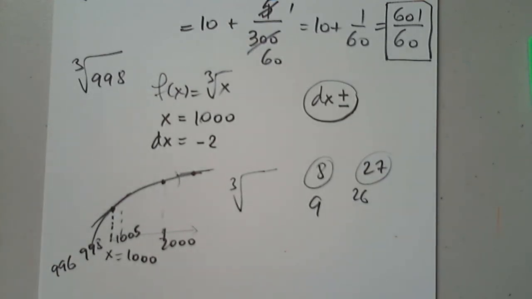If dx is 20 or much more, that's not called an approximation anymore. So we can approximate if we're close. If we're not close, we can't approximate. It's a very good question. Does that answer your question now?